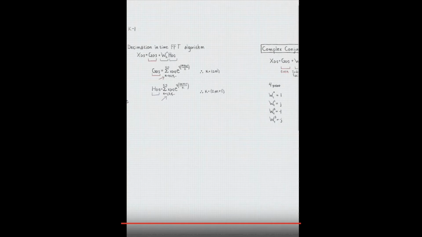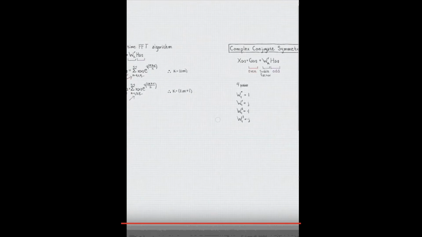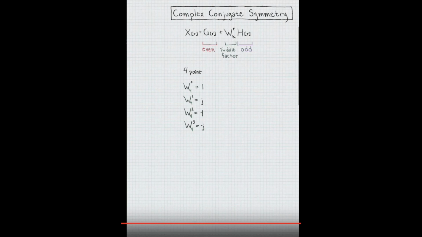The reason for this goes into complex conjugate symmetry of the signal. Let's zoom in over here. We still have our equation from before, our even components, and our twiddle factor affecting our odd components, being our W1 of 4 and W3 of 4 for a 4-point.